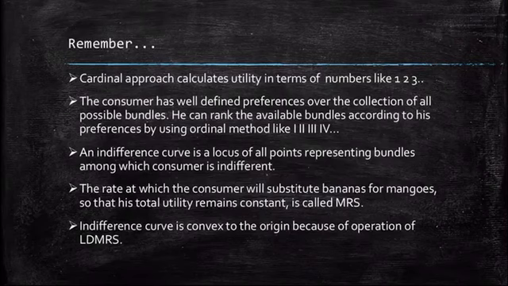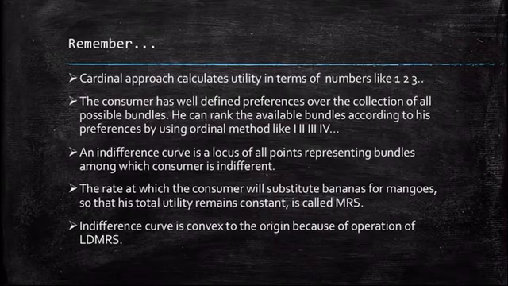Indifference curve shapes convex to the origin from left to right, downward sloping. The reason behind this is as the consumer sacrifices more and more mangoes, he gains an extra unit of banana. But according to the law of diminishing marginal rate of substitution, he sacrifices lesser and lesser units of mangoes for every extra unit of bananas.